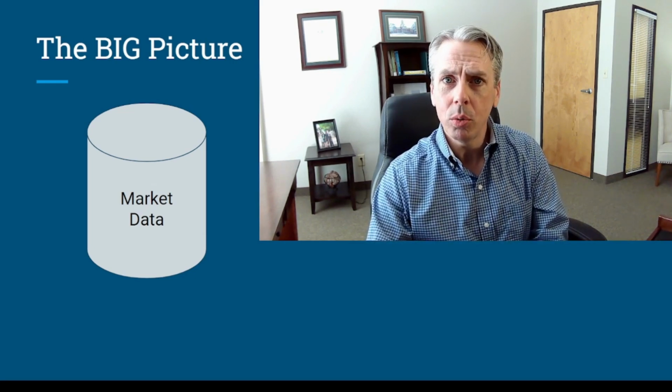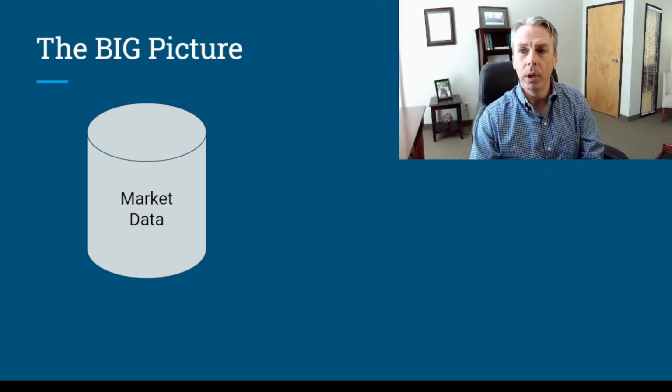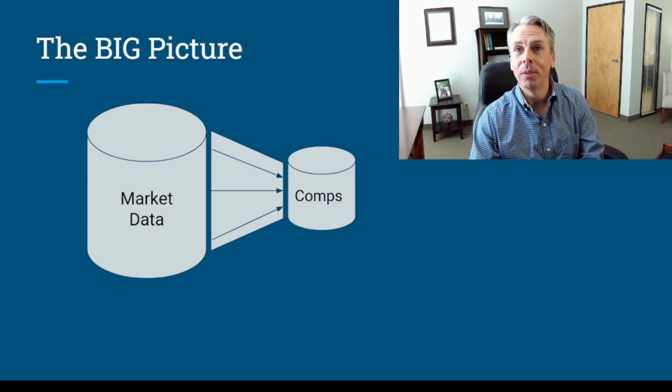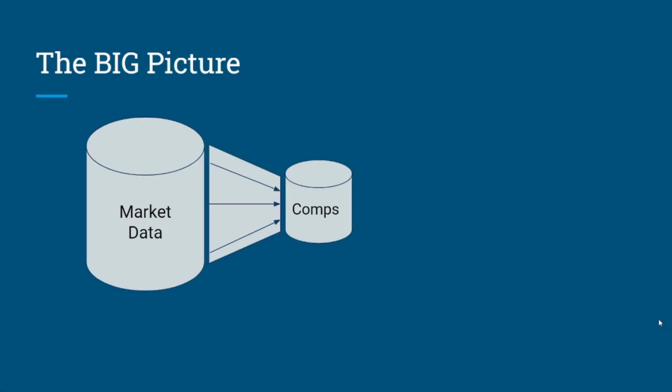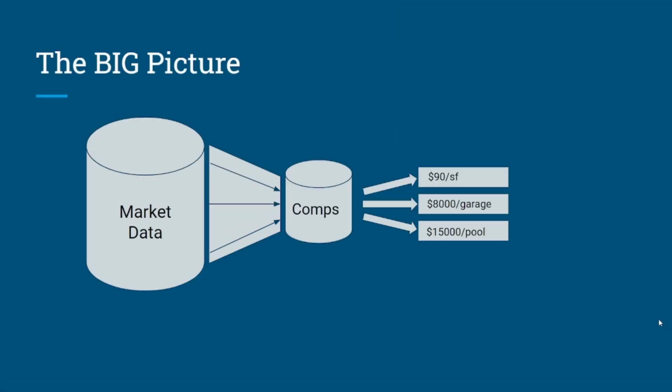Well, then what do we do with that market data? We want to narrow it down to comps. It's a little fuzzy maybe what the definition of a comp is, but we'll save that discussion for another day. Then we need to take those comps and analyze them to extract adjustments for differences between the subject property and the comps.